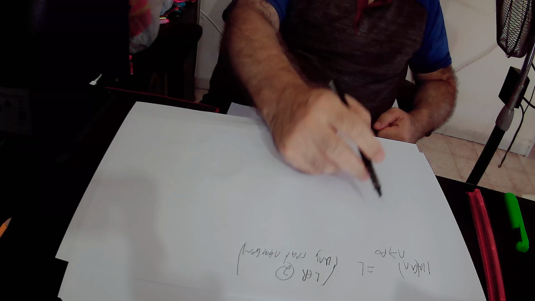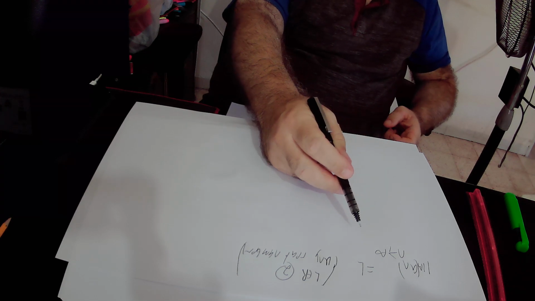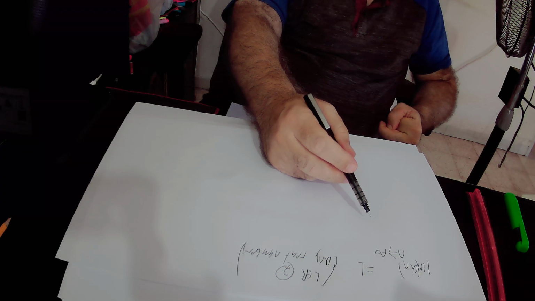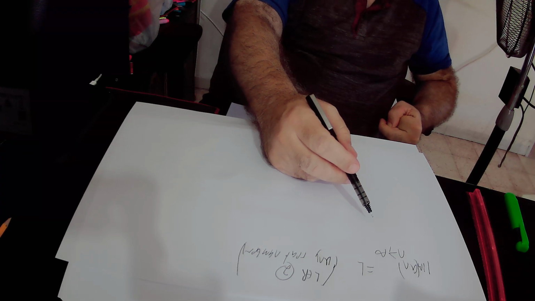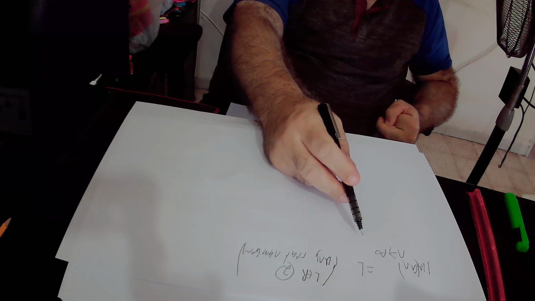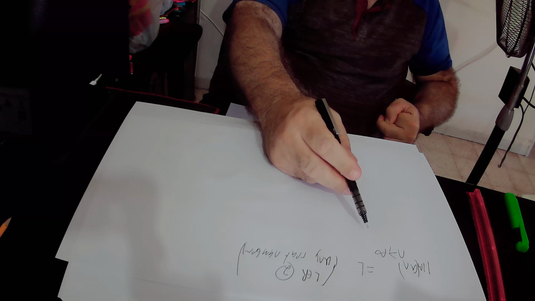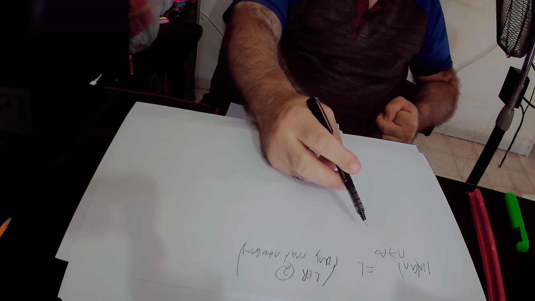The limit of sequence an when n tends to infinity is equal to L if the numbers in the sequence an become closer and closer to L and not to any other number. I'll repeat again.